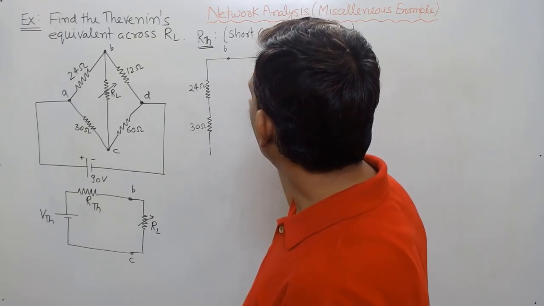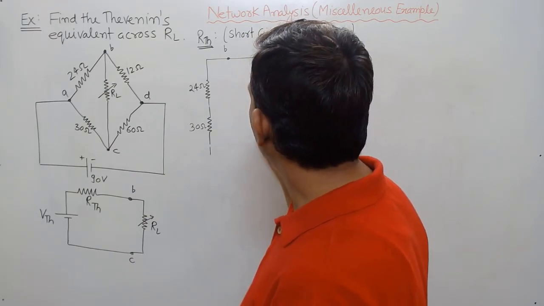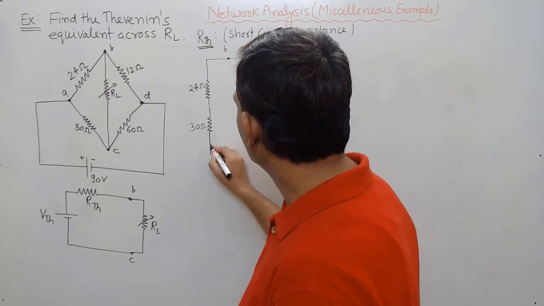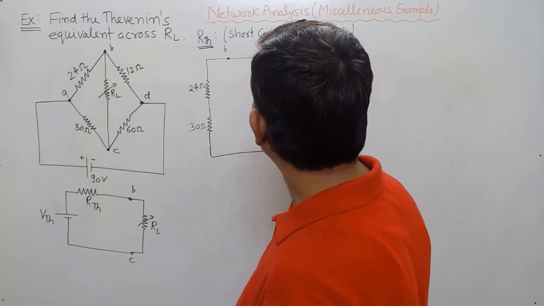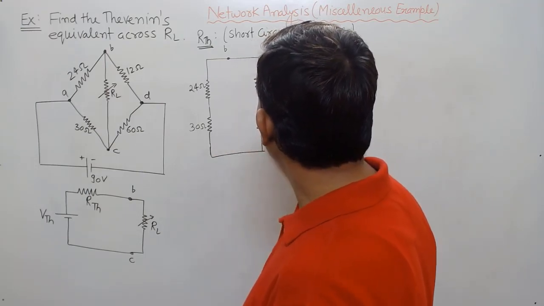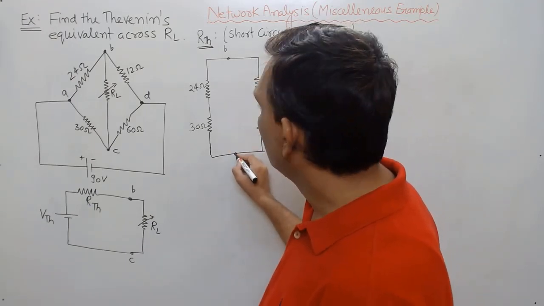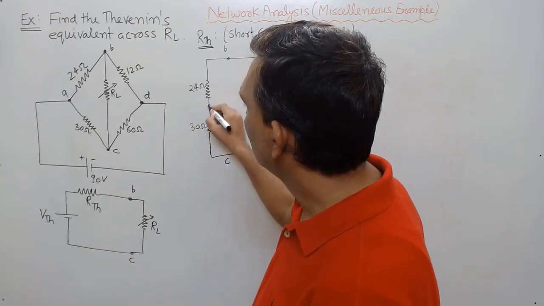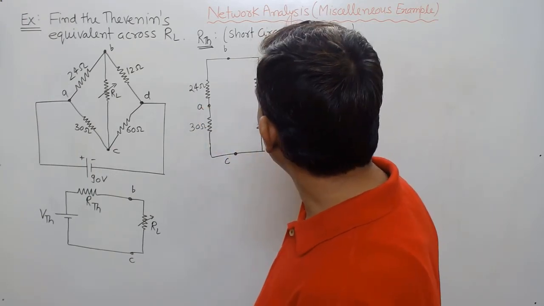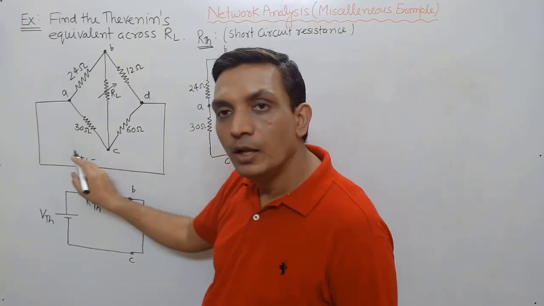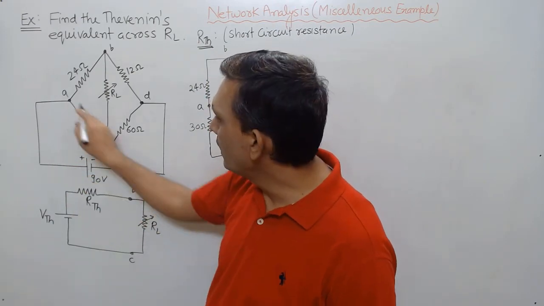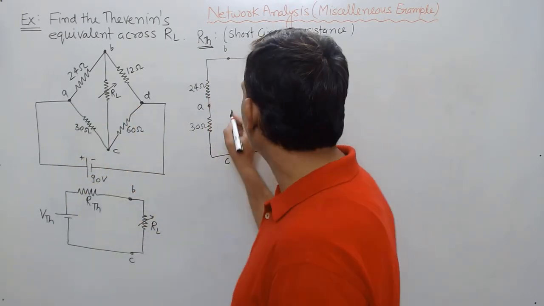Now this will be again 12 ohm, 60 ohm. This is 12 ohm and this will be 60 ohm. This point is B and this point is C. This point is A and this point is D. You can see when the voltage source is short circuited, it means A and D are short circuited.